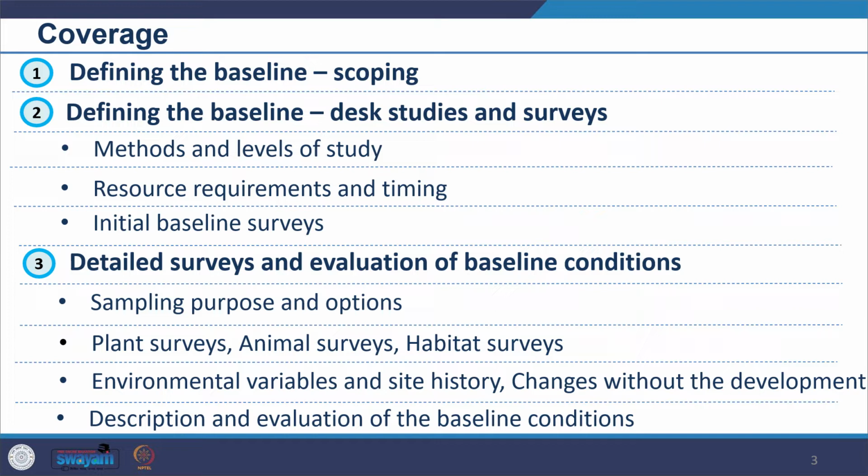Then we'll look into how one also uses environmental factors and looks into site history, and how we look into the changes with or without development, the proposed project, and then how we really present, describe, and evaluate all these baseline conditions.